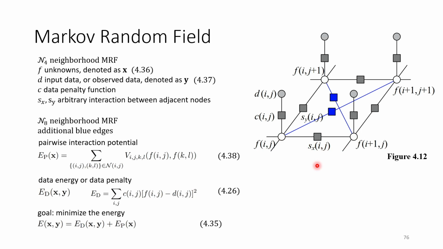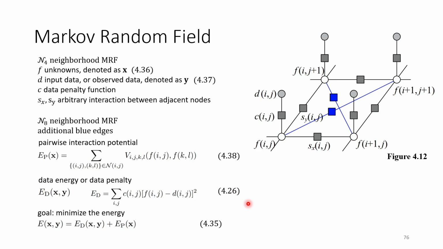Usually there are two types of neighborhoods. One is the 4-pixel neighborhood, so it will only be S_x, along the x-axis, and along the y-axis. For this example, its 4-point neighborhood will be this one, and this one, and this one.